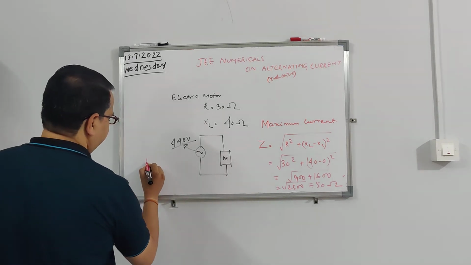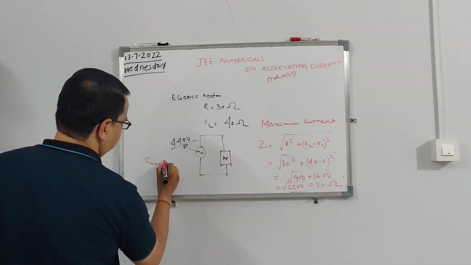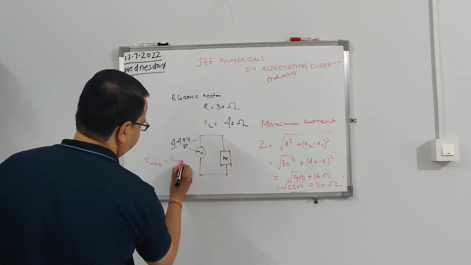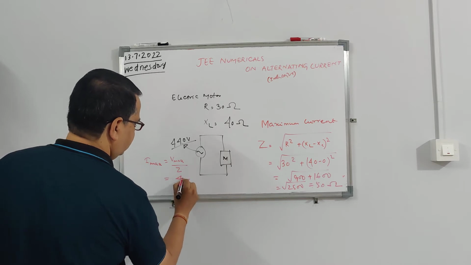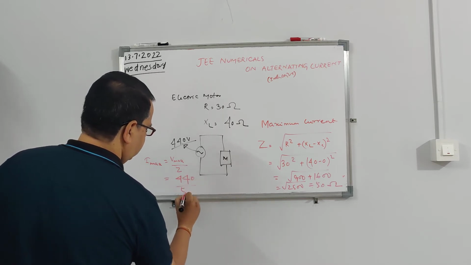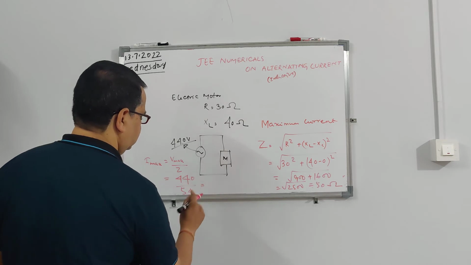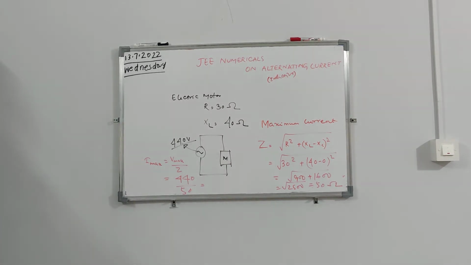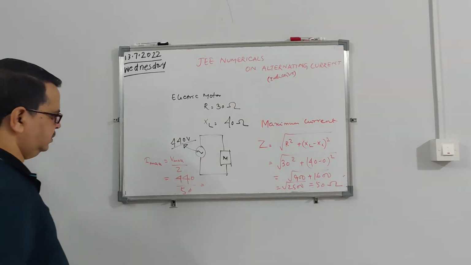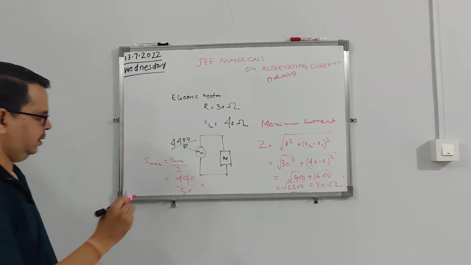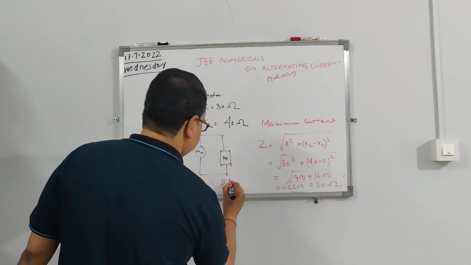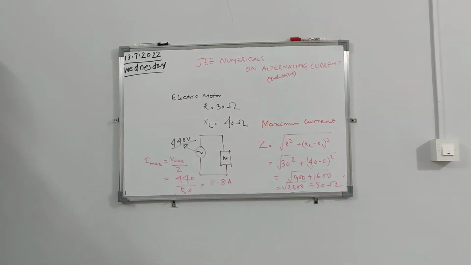So I max is equal to V max divided by Z. It will become 440 volt divided by 50, which is 44 by 5, so 8.8 ampere.